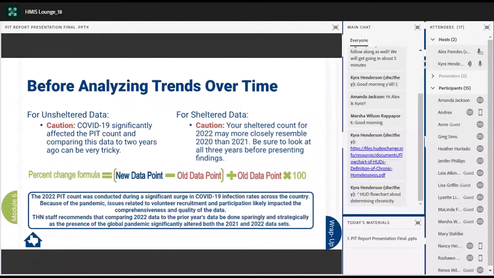Many of the data points you may be hoping to find can come from simple formulas like this one, and the extra great thing about this is if for some reason you lose access to this presentation, you forget everything that we talked about, the percent change formula and some of the other formulas I go over are something that you can easily find on Google, and you can either do it yourself manually or there's tons of free websites that will help you calculate this with just plugging in the numbers yourself.